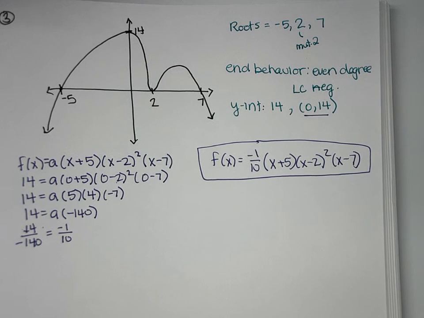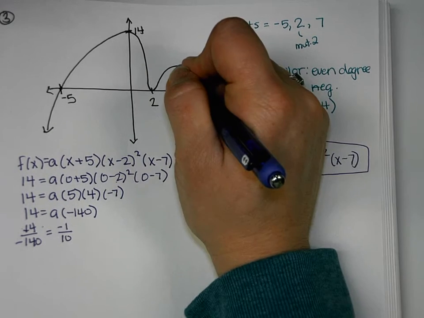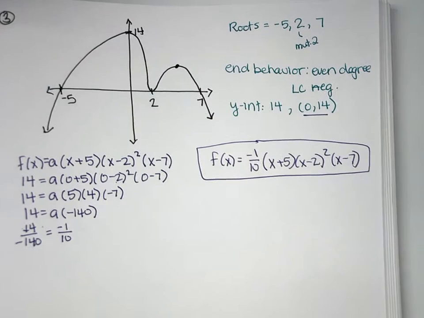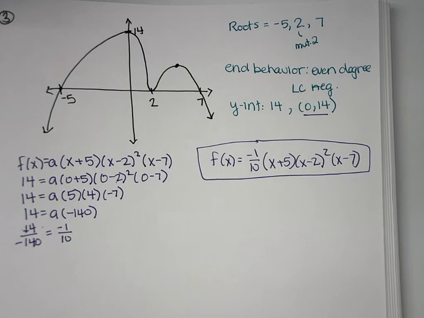It won't always be the y-intercept, but if it's a y-intercept, use it. It might be a different ordered pair, like maybe we gave you this point here. Write that down, like f(5) is something, and use that ordered pair to help you find your A term, just like we did yesterday.